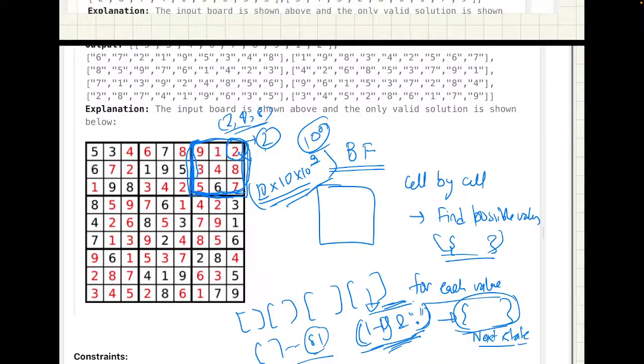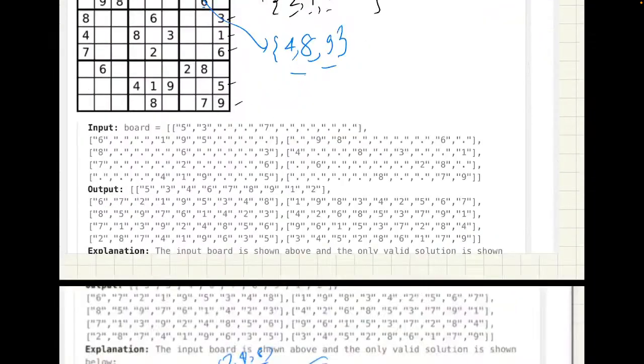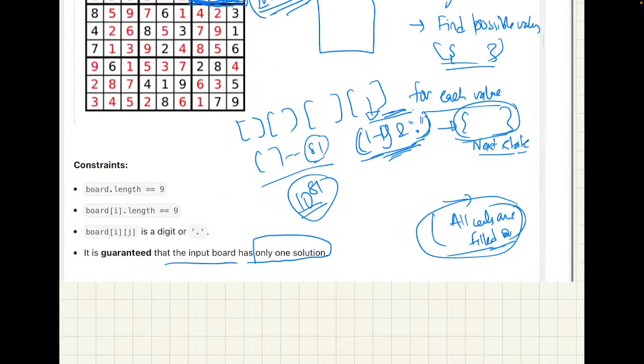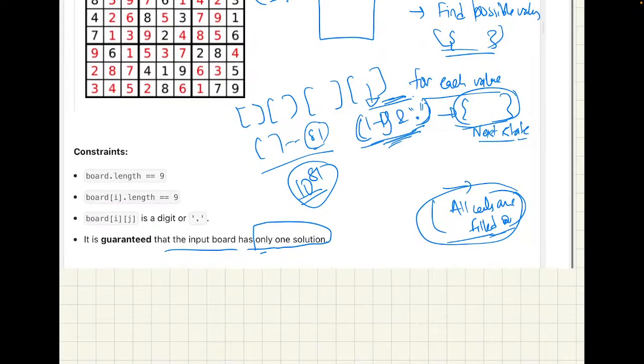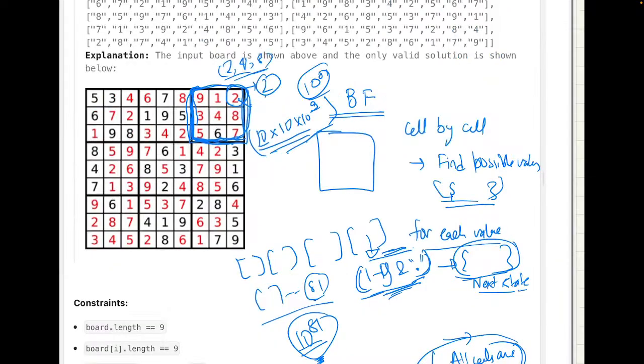Honestly, I'm blank on this. Let me think more. How can we optimize? This is a very beautiful problem. Like we are not using 10 to the power 81 states. Instead, we should find some greedy logic or some other solution. But greedy is really hard to crack here.